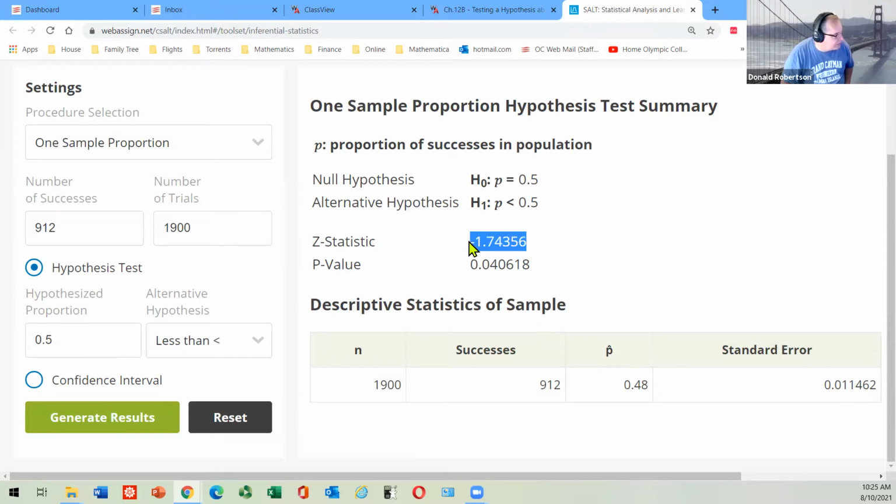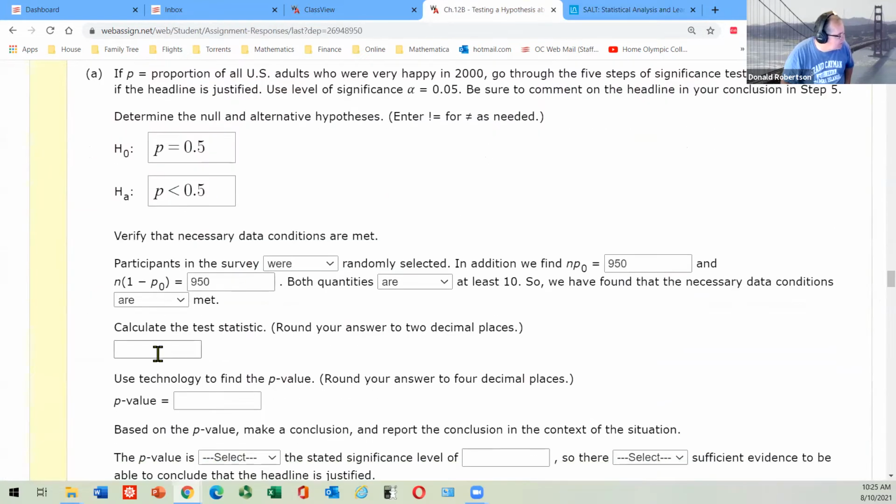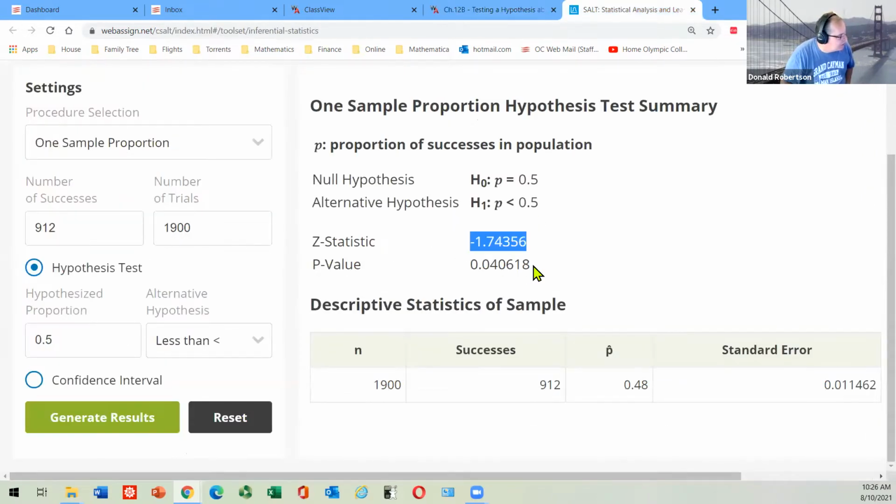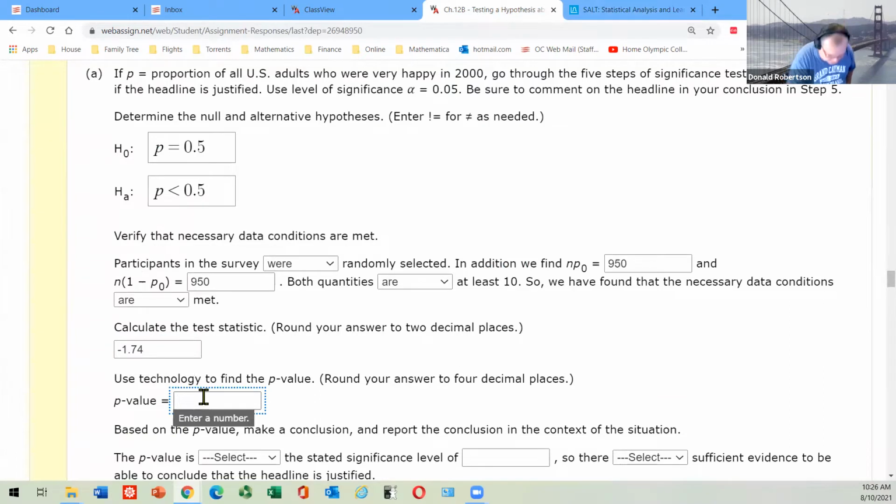Okay, so copy this guy. There's your test statistic to 2 decimal places. And then here is your p-value. Put that in the right spot. They want 4 decimal places for that guy.